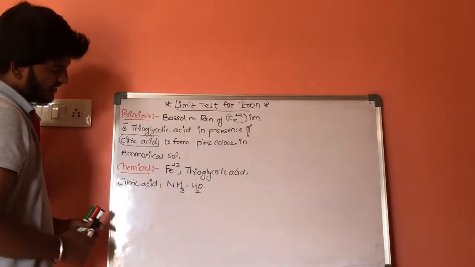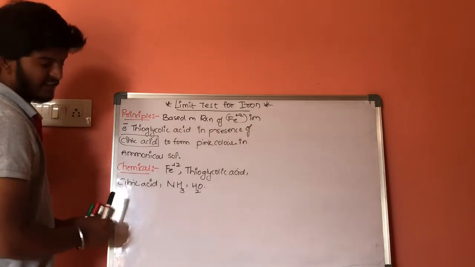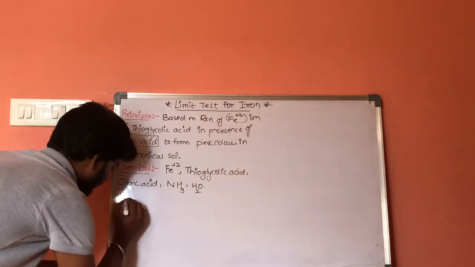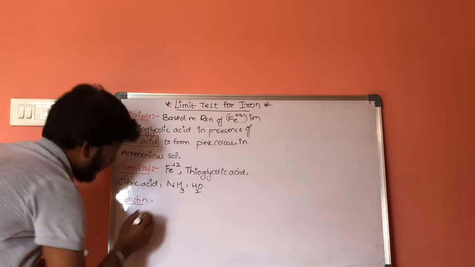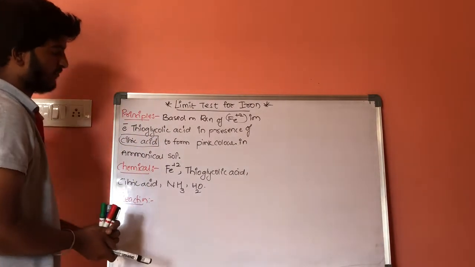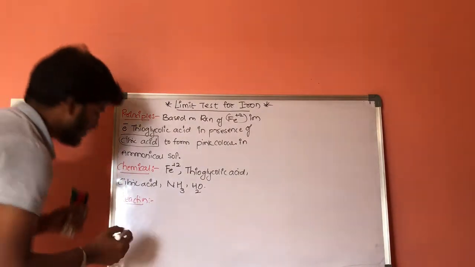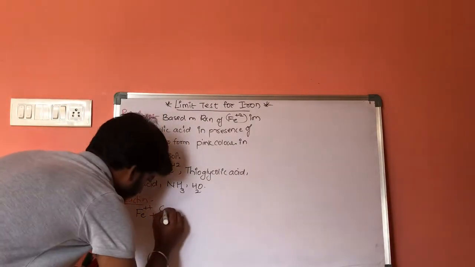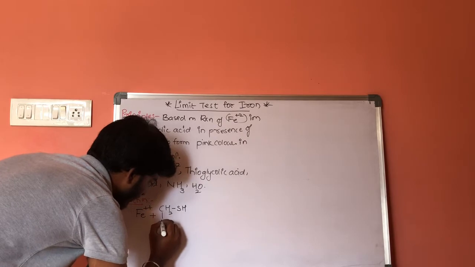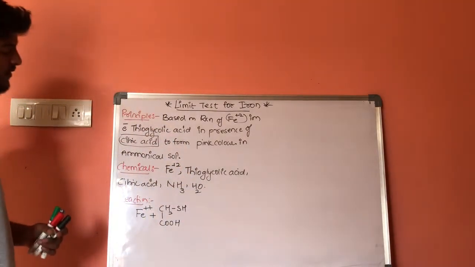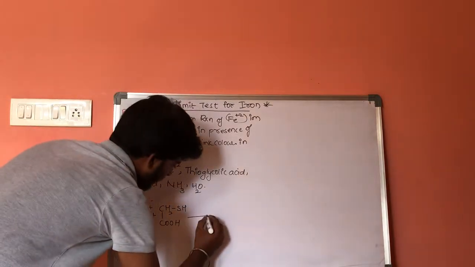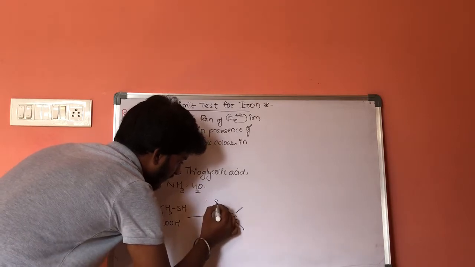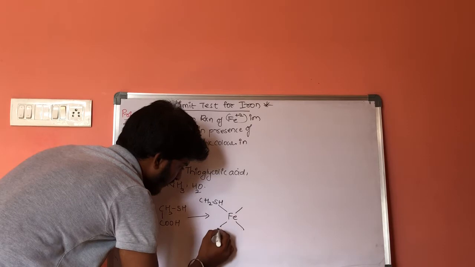And if we discuss the reactions which are taking place in this limit test of iron: as we discussed, iron Fe+2 will react with thioglycolic acid, CH2SH COOH, and it forms a Fe+2 SH complex.